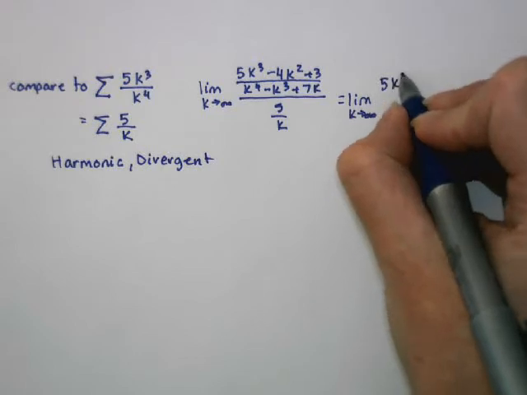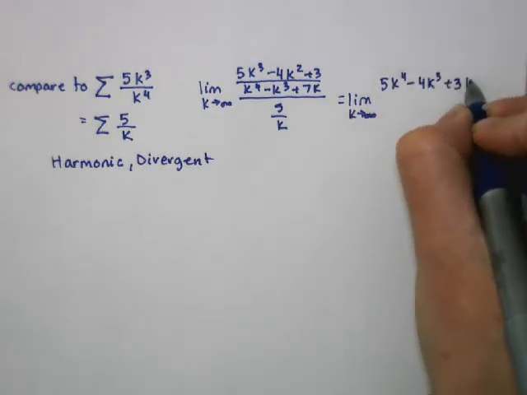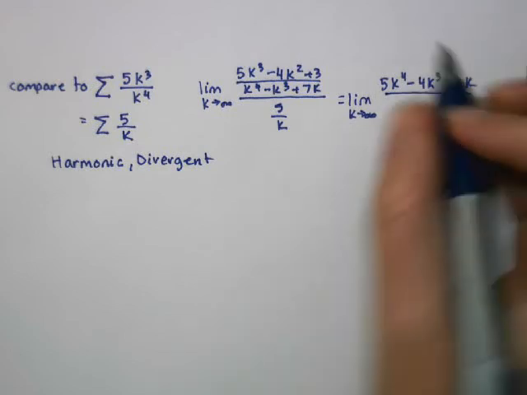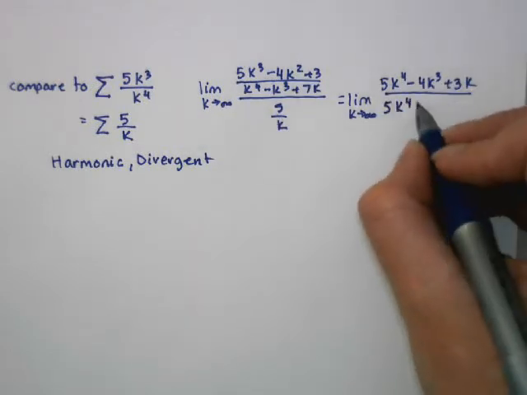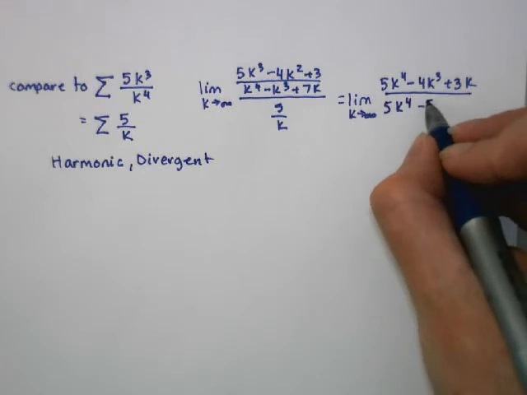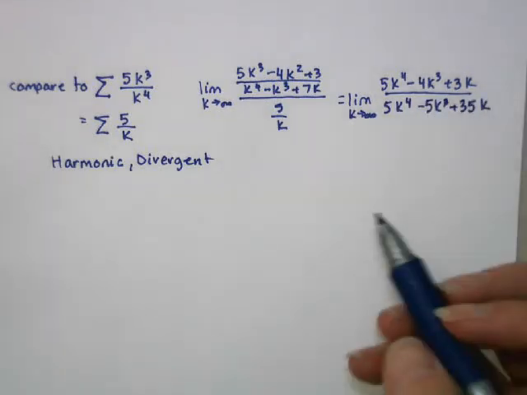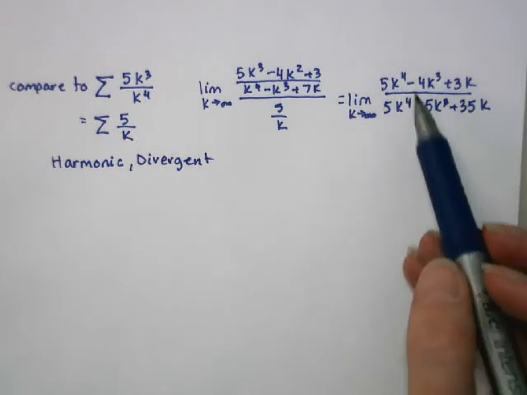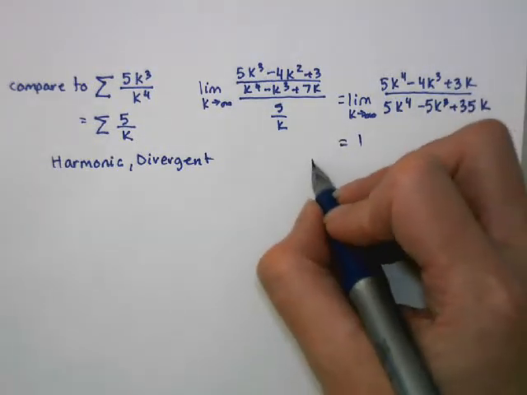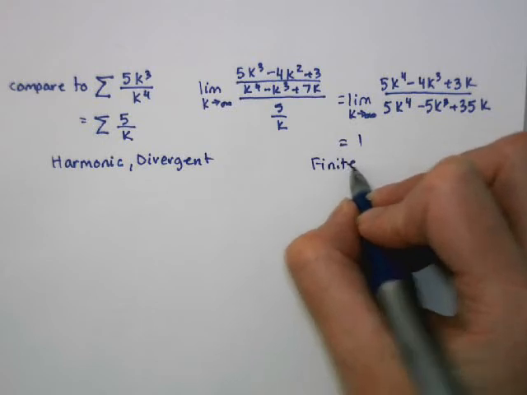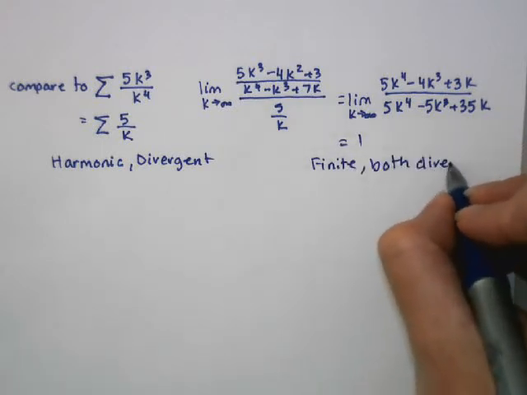So I'm going to have 5k to the 4th minus 4k cubed plus 3k. And then the denominator is going to get multiplied by 5. So we're going to have 5k to the 4th. Doesn't really matter past here, but I'll go ahead and do it. Okay, well, the limit, we've got the same degree. 5 over 5 is 1 again. So they both diverge.